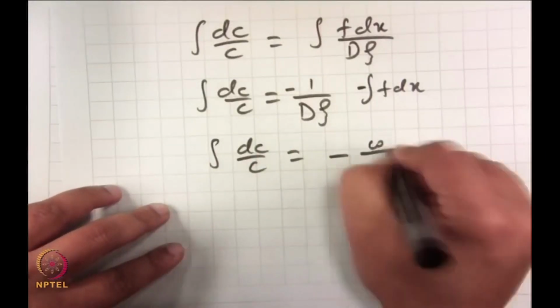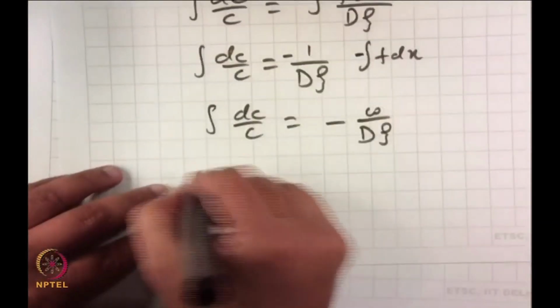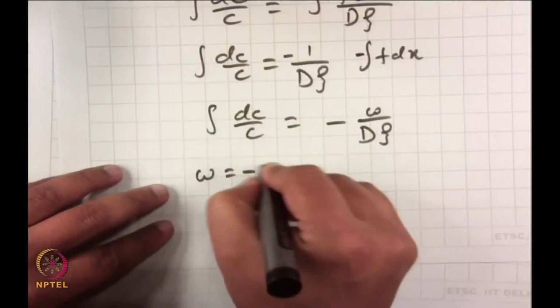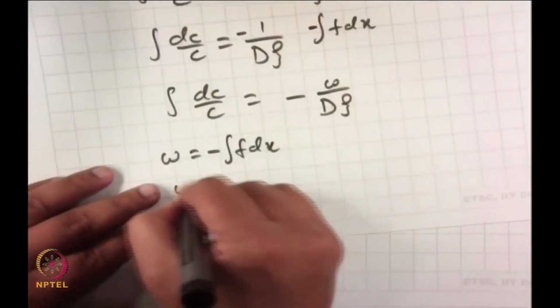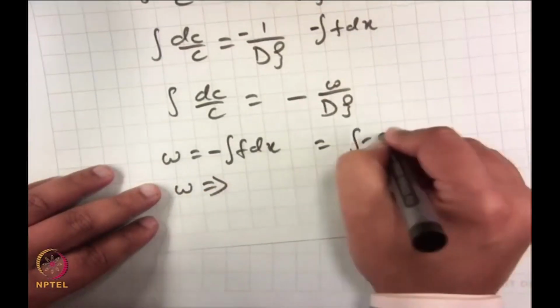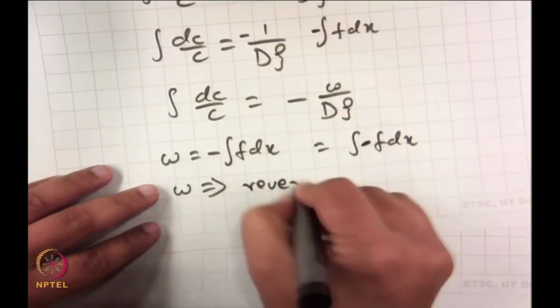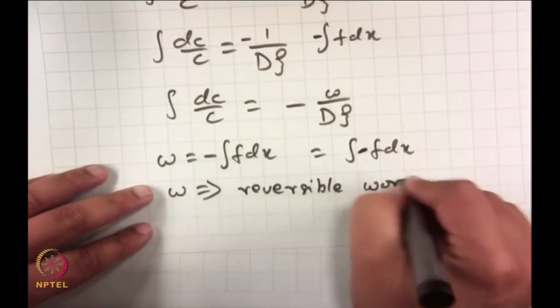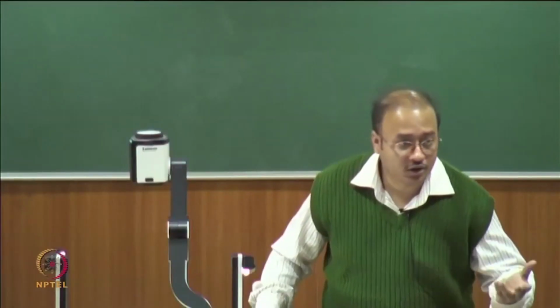Minus W over d xi, where we have defined W is equal to minus integral f dx, taking the minus sign inside the integral, and W is referred to as the reversible work. Okay. So, that means you have related this change in concentration gradient to something which is resembling work f dx.